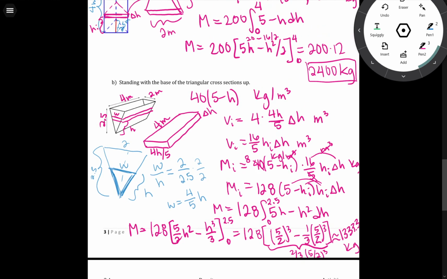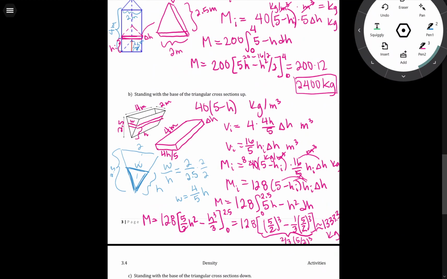Okay, so notice, what did we get? We got less. I do think it makes sense. The last one was a lot taller, but all that volume up at the top is very low density, so that's not actually contributing as much. This one has that 4-meter long strip at the bottom where it's most dense, oh, wait a minute, it's still counterintuitive to me.